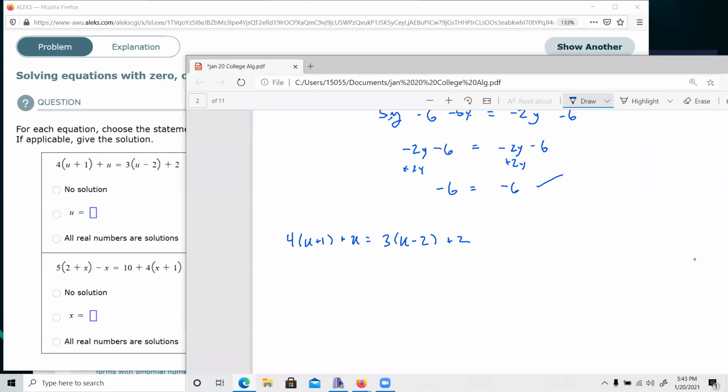Yep. All right. So again, distributing. So we have 4u plus 4 plus u is equal to 3u minus 6 plus 2. Okay. So u plus 4u plus 1u is equal to 5u's plus 4.